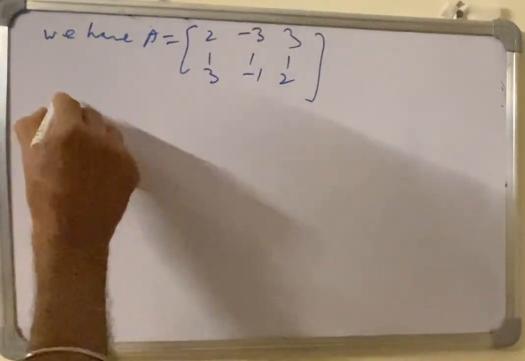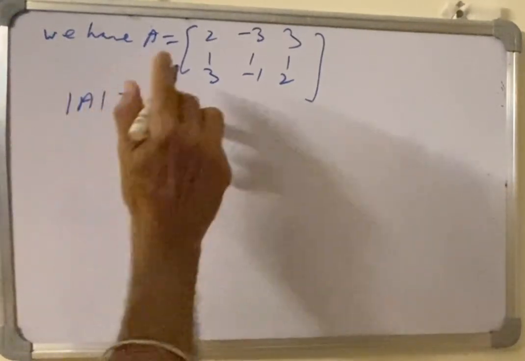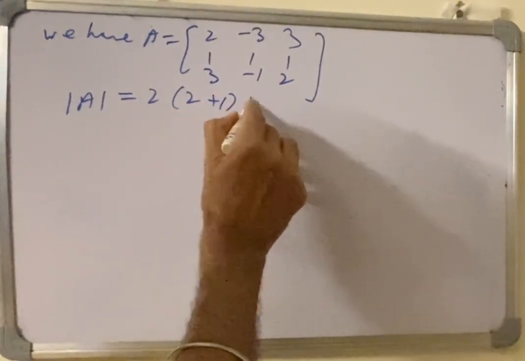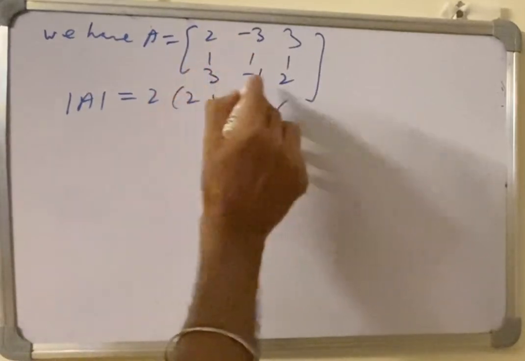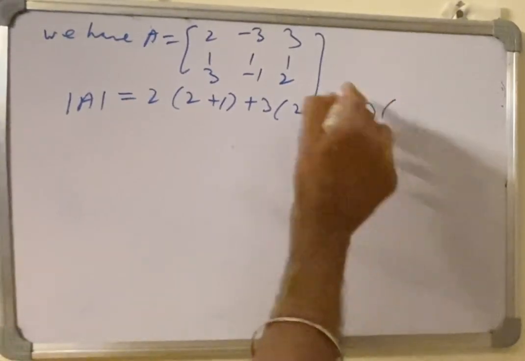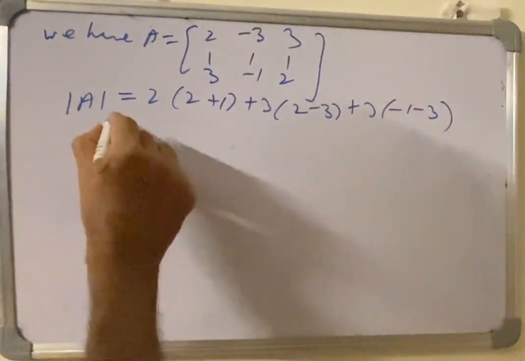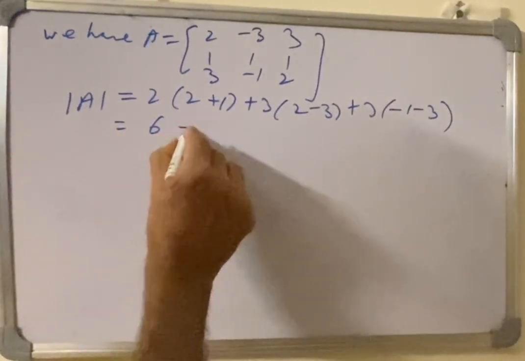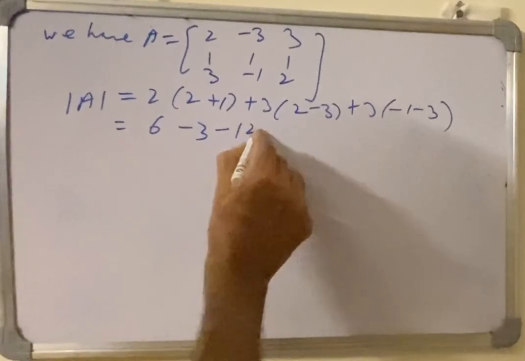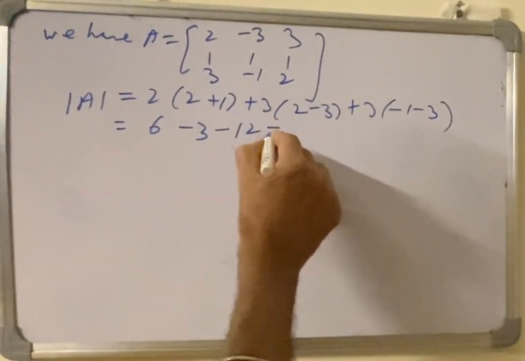Then determinant A, expanding by first row, is 2 into (2 plus 1) plus 3 into (2 minus 3) plus 3 into (minus 1 minus 3). So this is 6 minus 3 minus 12, which is equal to minus 9.